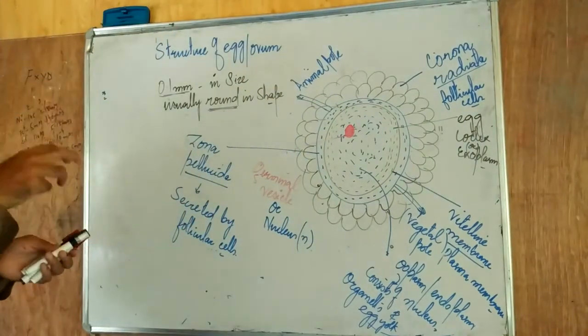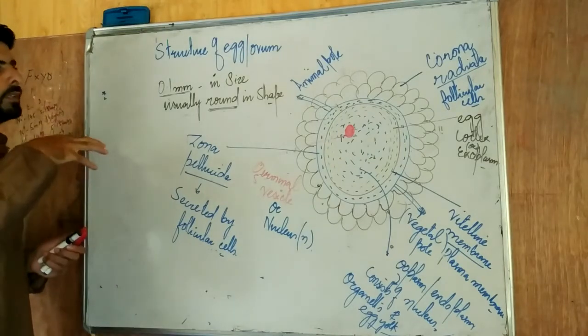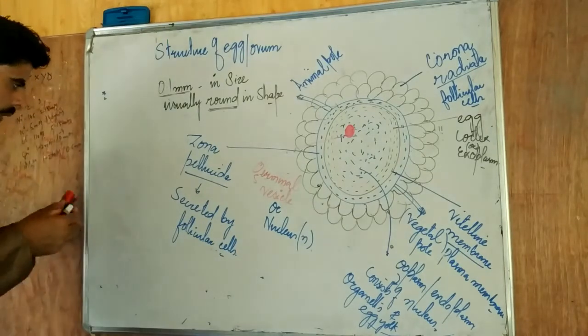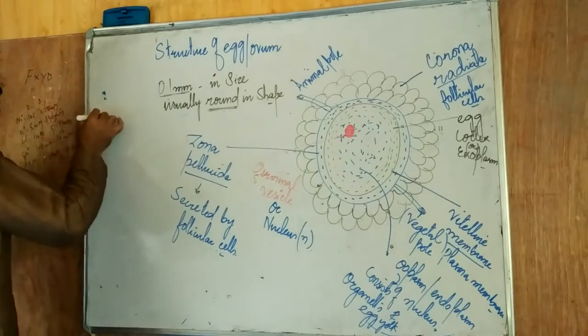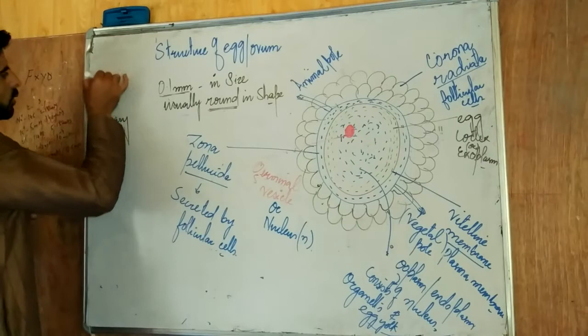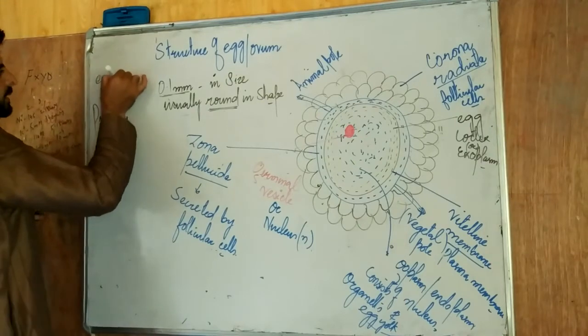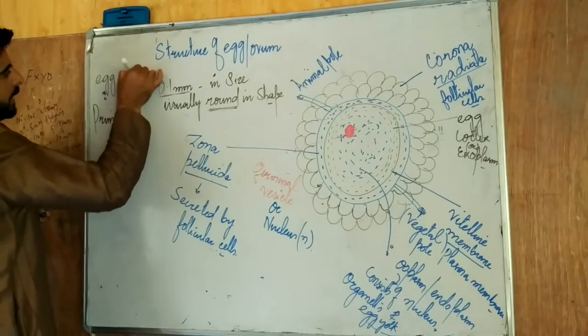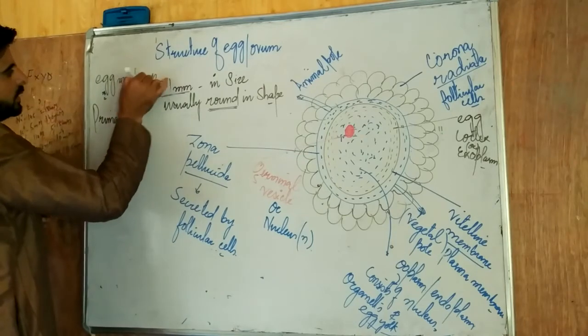Now, what are the membranes making the covering around that? We can call this topic egg membranes. What are the various membranes which surround the egg?